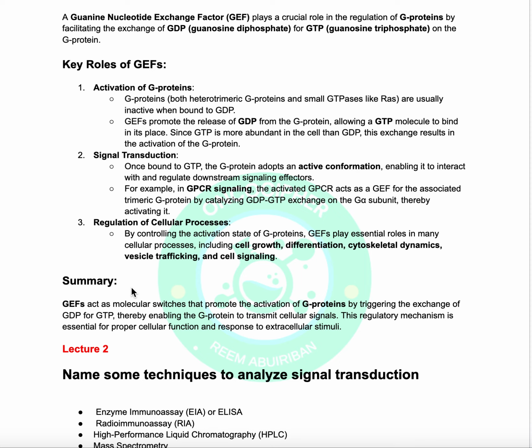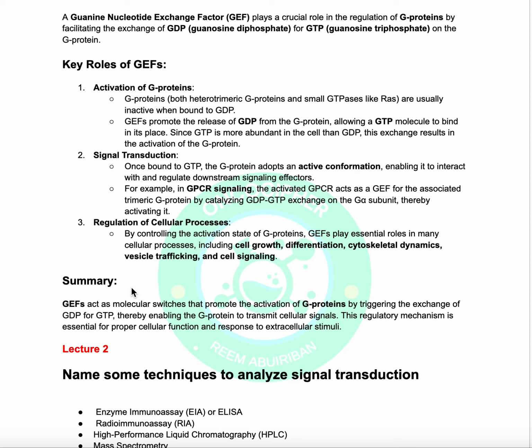For example, in GPCR signaling, the active GPCR acts as a guanine exchange factor for the associated trimeric G protein by catalyzing GDP/GTP exchange on the G alpha subunit and thereby activating it. And then the final step is regulation of cellular processes by controlling the activation state of the G proteins.